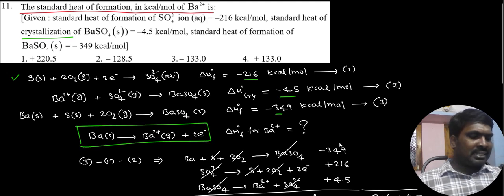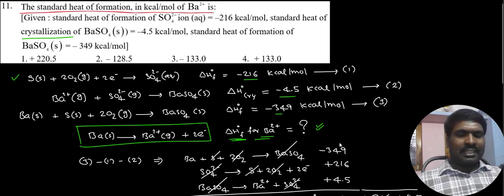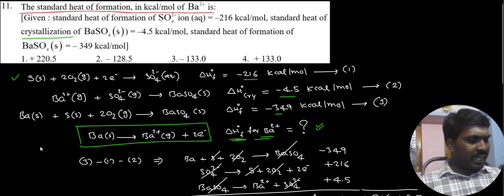This reaction indicates standard heat of formation of barium 2 plus. Its standard enthalpy of formation we need to calculate. Then how can we get this one? If you subtract 1 and 2 from 3, then we will get this standard heat of formation of barium 2 plus. So from third equation you can subtract first and second.